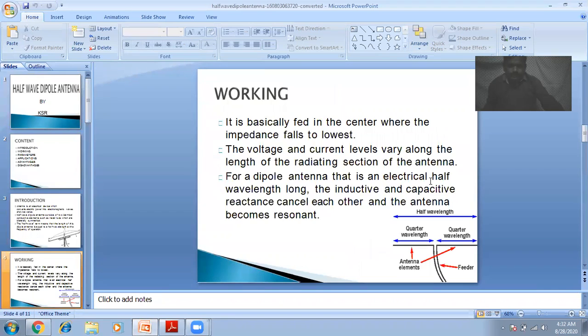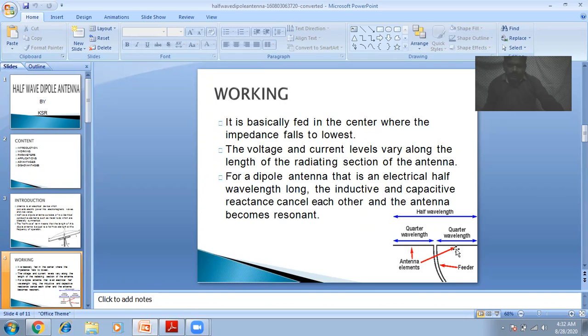Okay. So working, let us see. That antenna can be briefly represented like this. This is the feeder cable. This is one pole and this is another pole. Therefore, this is called dipole.